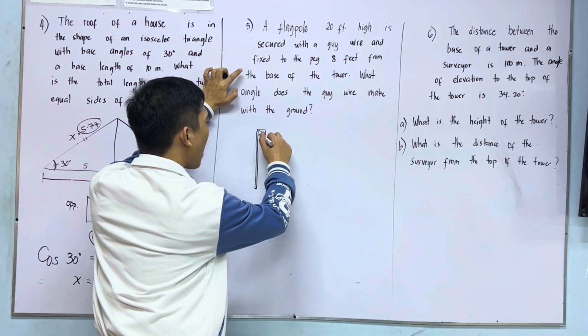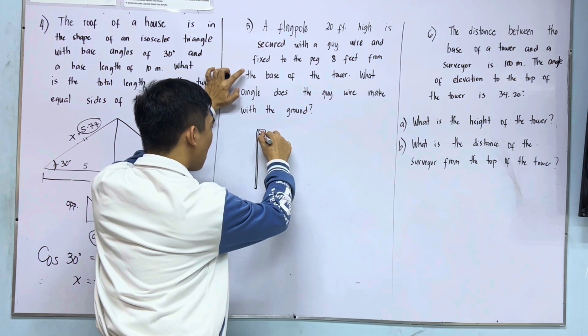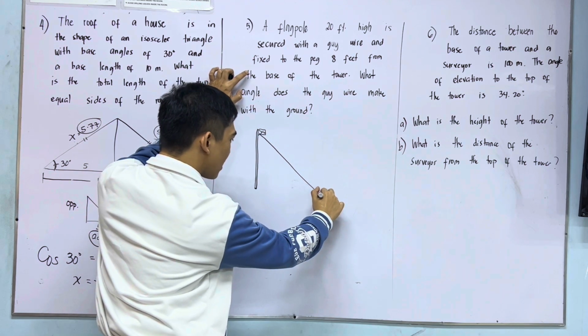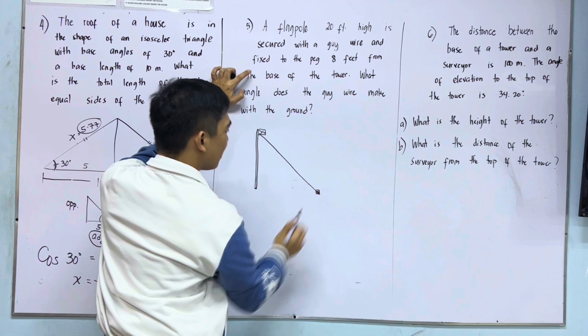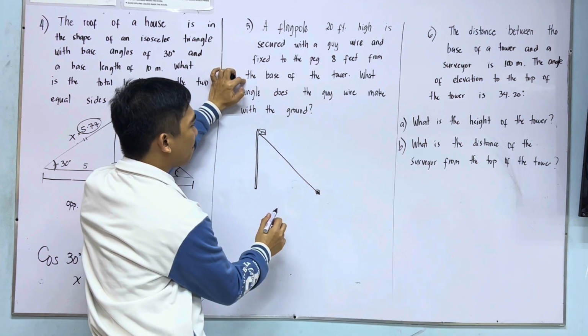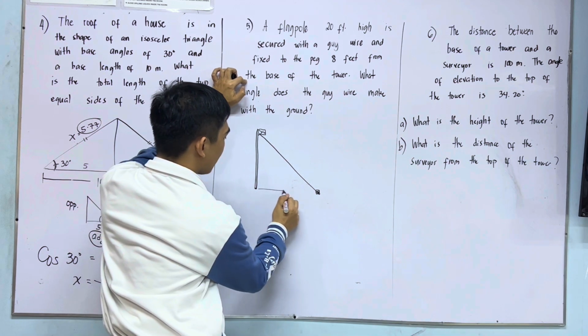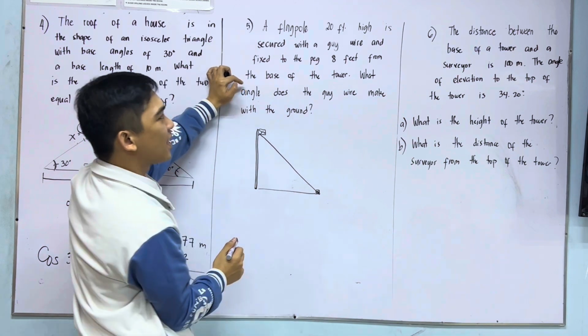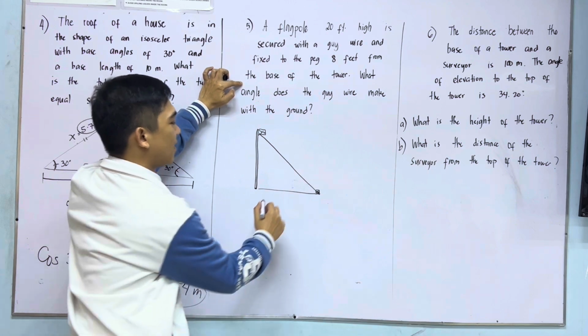Meron daw guy wire, nilagyan siya ng pampatibay, tapos nandyan yung peg. Tapos, ang layo daw from the base ay 8. So, saan nalagay si 8? Sa baba.